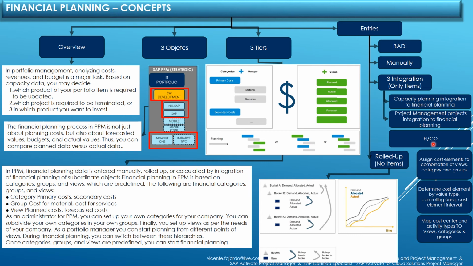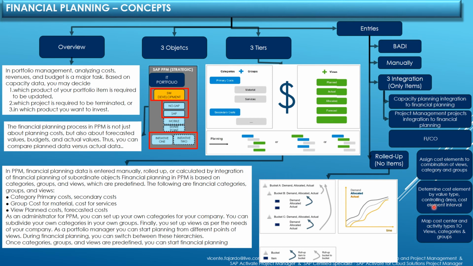And if we decide to integrate with SAP FICO, we can use 3 different interfaces. We can assign cost elements to combination of views, categories, and groups, or we can determine cost element by value type, controlling area, and cost element interval.